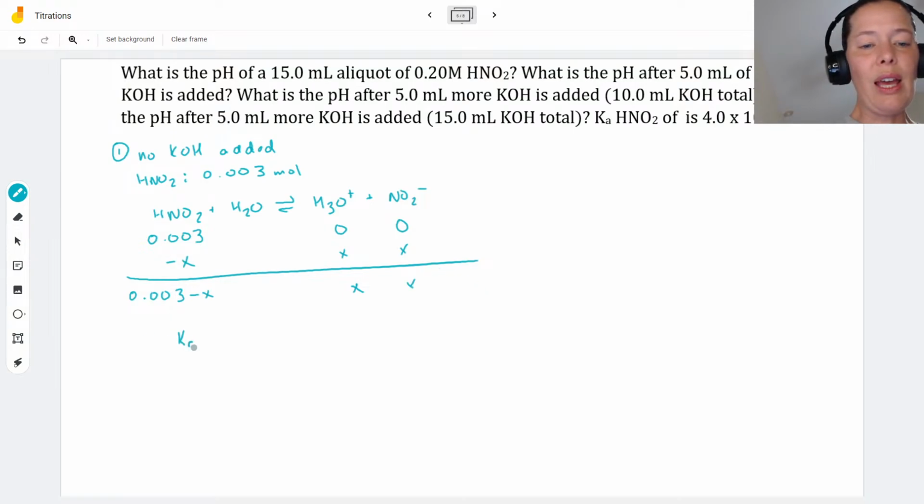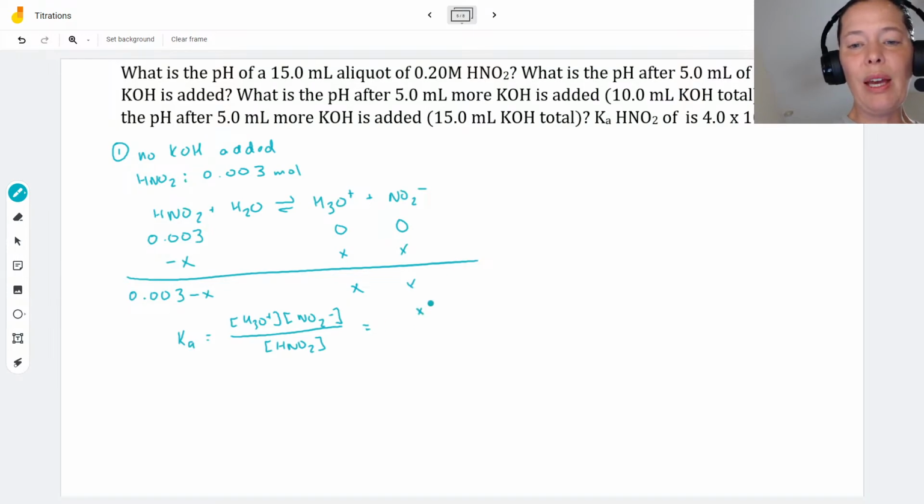Now we're going to use our Ka. So again, our Ka is our hydronium ion times our nitrite over our nitrous acid, and that is simply going to be x squared over 0.003 minus x.